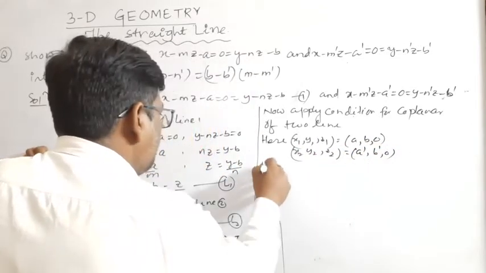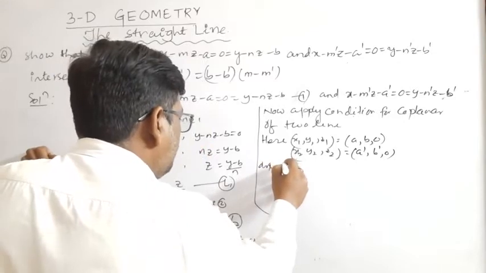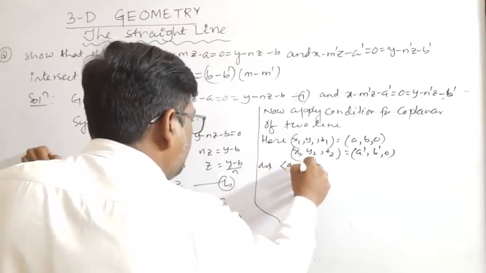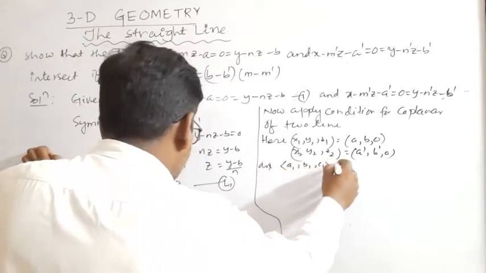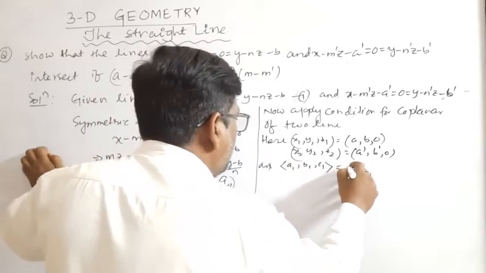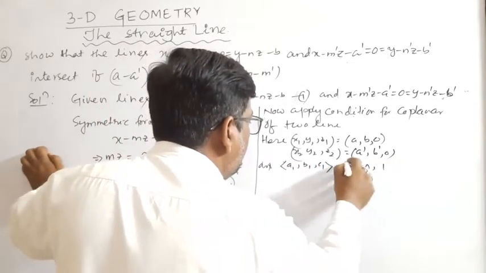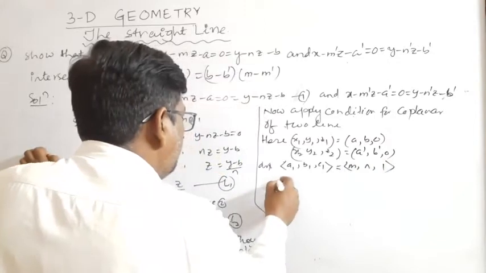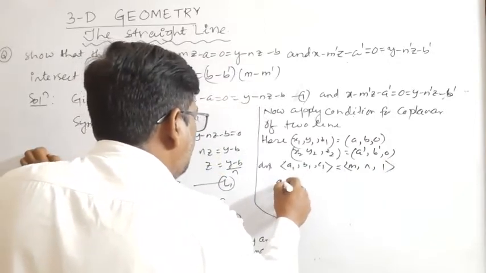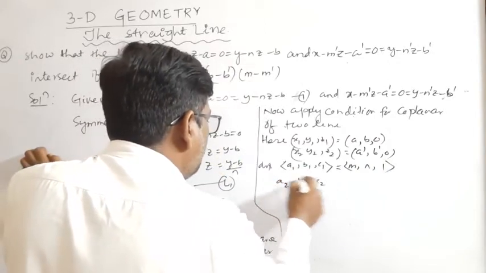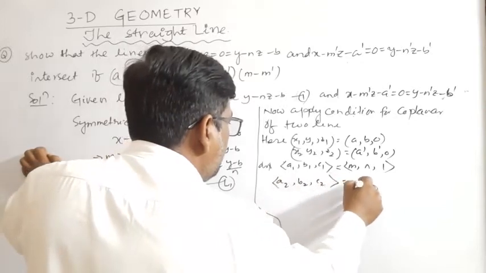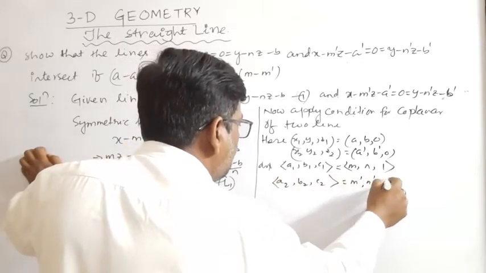DRs: a1, b1, c1 is equal to m, n, 1, and a2, b2, c2 is m dash, n dash, 1.